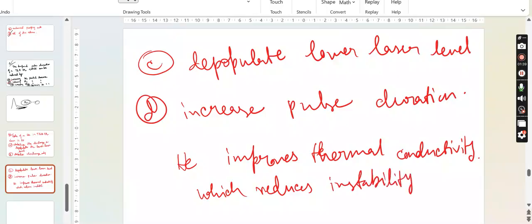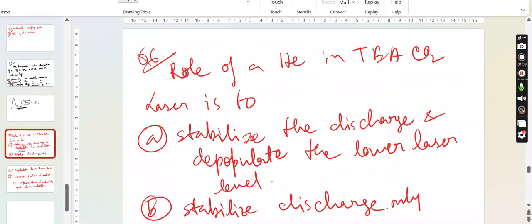And helium also helps the carbon dioxide molecules to deexcite and depopulate the lower laser level quickly. So both of those hold, and A is fine.